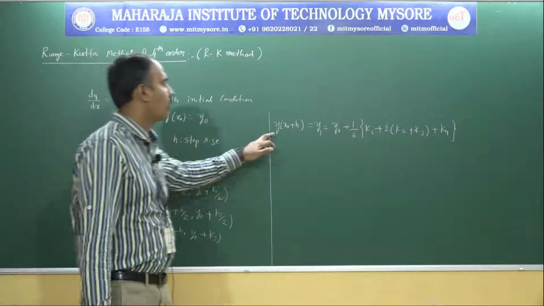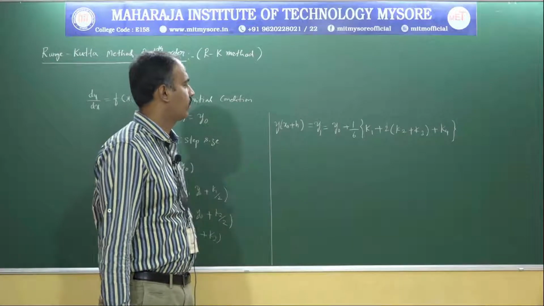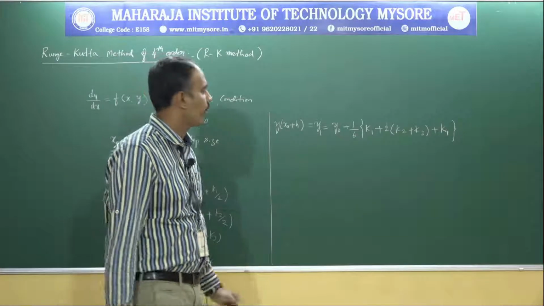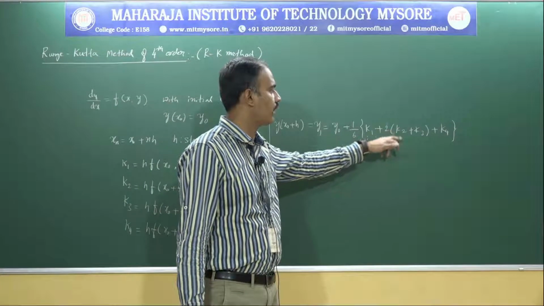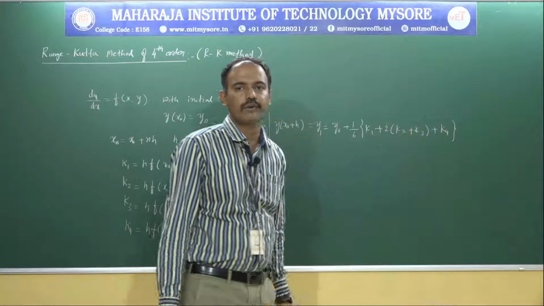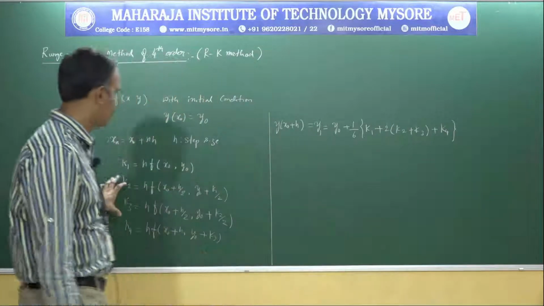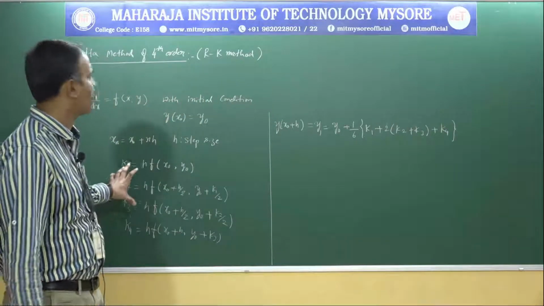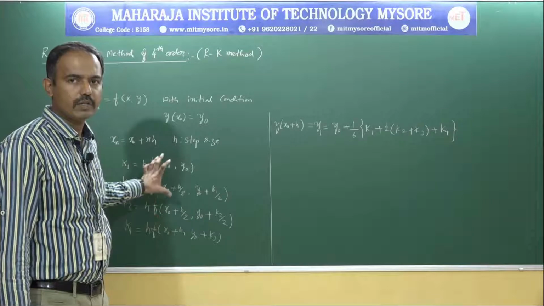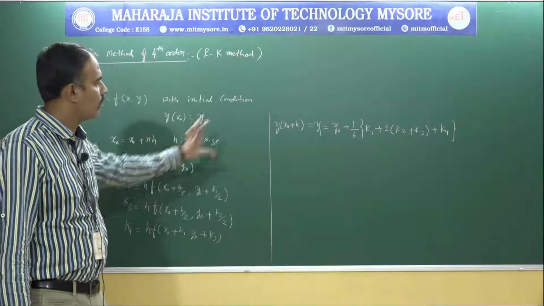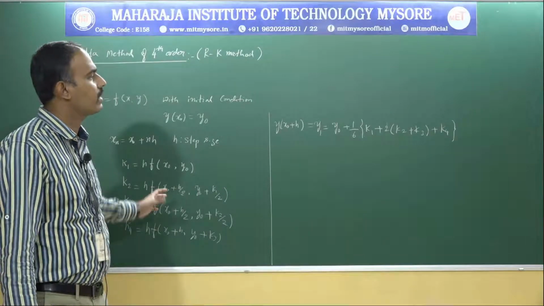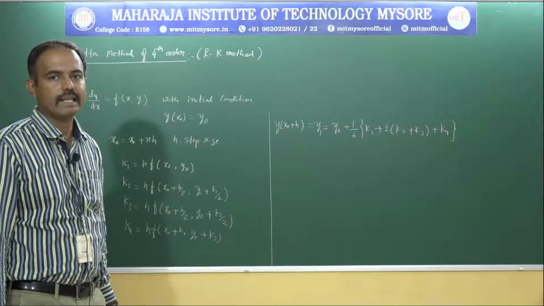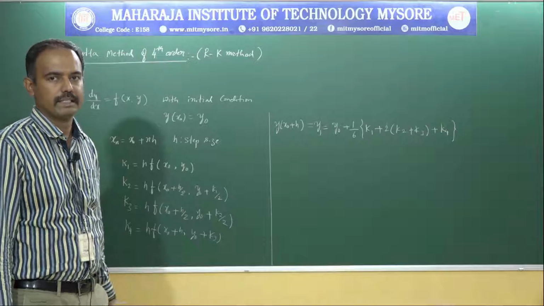Y of x naught plus h is equal to y1, which is y naught plus 1 by 6 into k1 plus 2 into k2 plus k3 plus k4. This is the important formula expansion for the RK method, and using it we can estimate the y1 value. Next we can discuss some examples on the RK method.